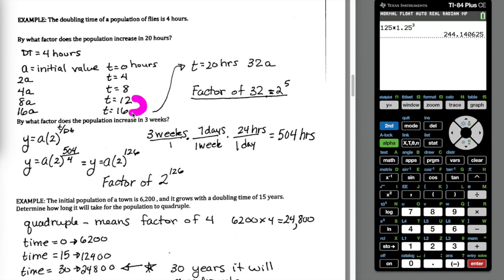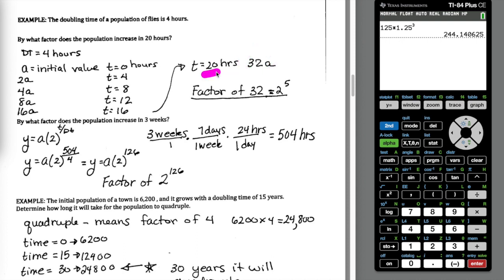Then if it doubles again and 4 hours pass again from 12 to 16, then 8A is going to double and become 16A. And then our last double time, if I go from 16 to 20, that's another 4 hours, so it doubles again. Here is my last double time.